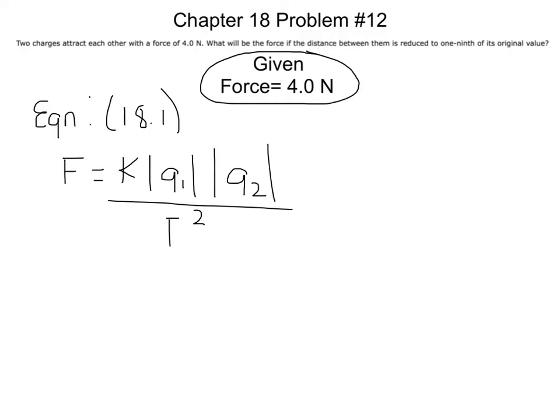So this force here, we're going to name that FA. So you have FA and you're trying to find FB. So FB is what we're trying to find.